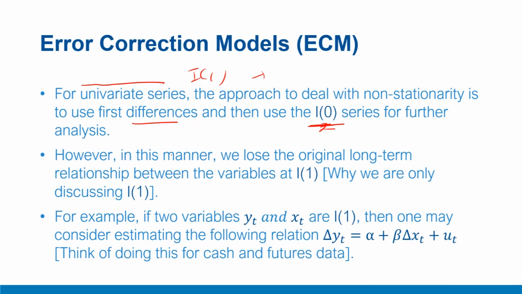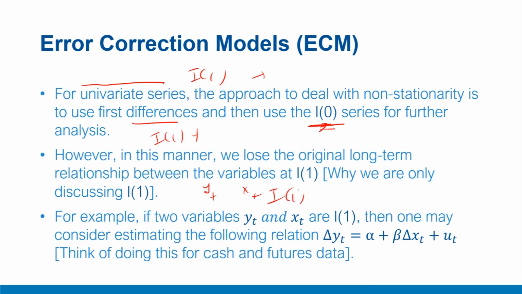But there is a problem, as we'll see in the next discussion. This kind of approach, where we convert a series such as I1 to I0 and then estimate the relationship between, let's say, series like YT, XT and so on, we lose the long run relationship between these variables. This we'll discuss shortly. But why are we discussing only I1?